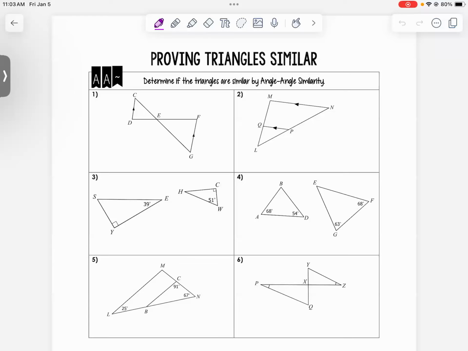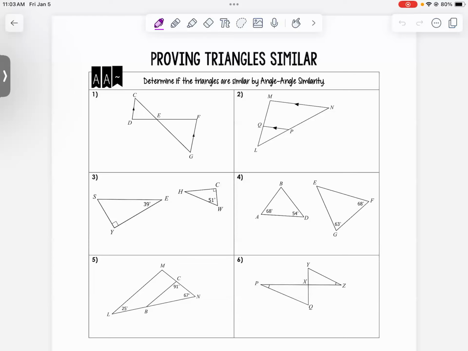Angle M is congruent to angle Q, and angle N is congruent to angle P. And if we use the 2 angles in each of them, we can say that. Wait, the proportion equation or something? Yes. This is the statement of proportion. This is 68 and 54. 2 is no, 4 is no. Well, number 5.